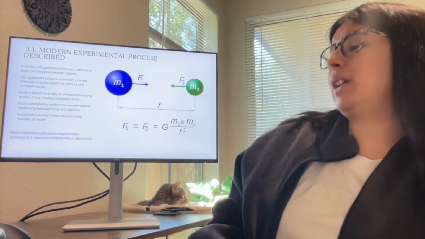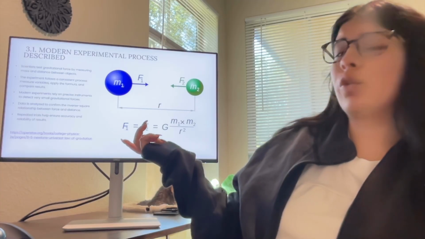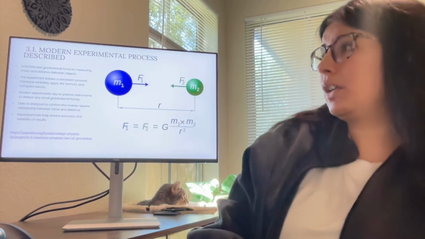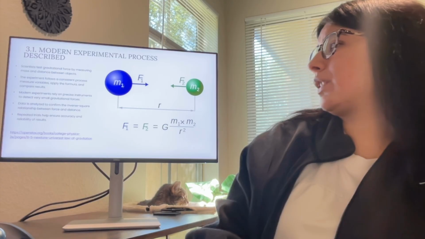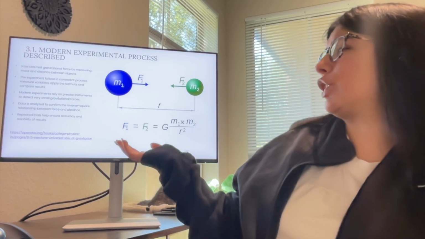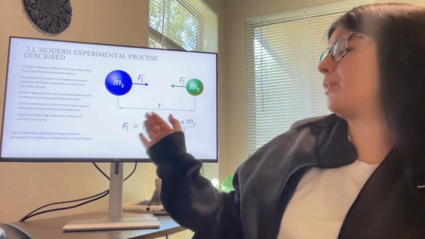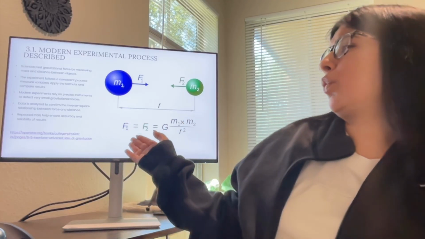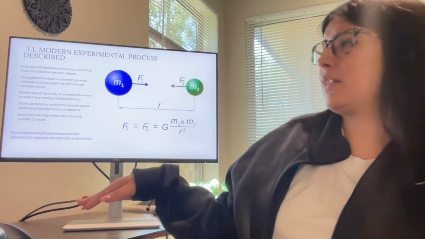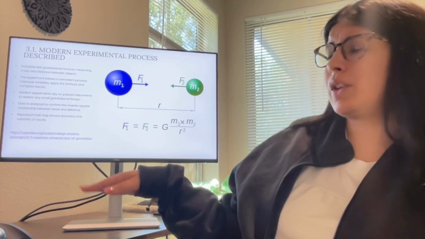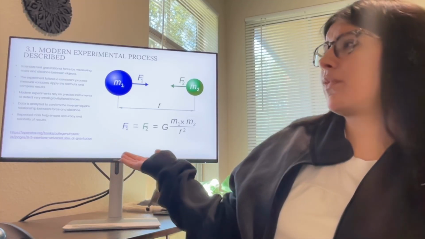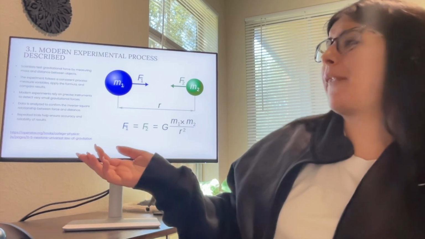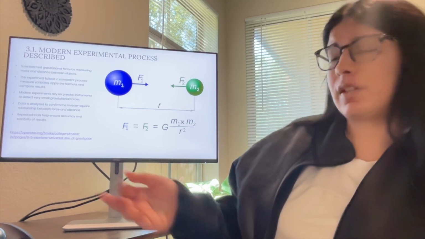Because the equipment is very sensitive, the data is analyzed to confirm the inverse square relationship between force and distance. They repeat these experiments multiple times to reduce error. This helps confirm that the law works consistently.